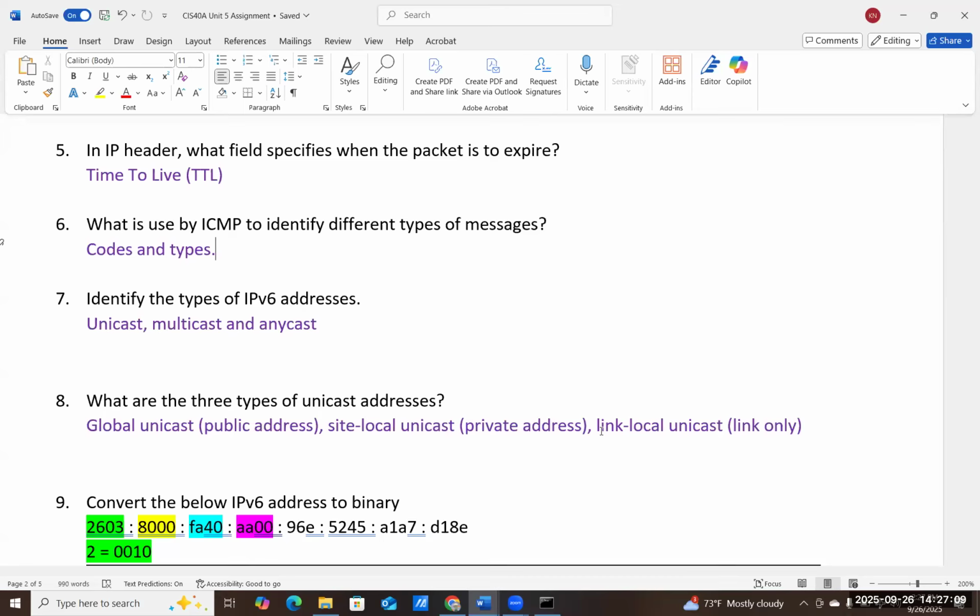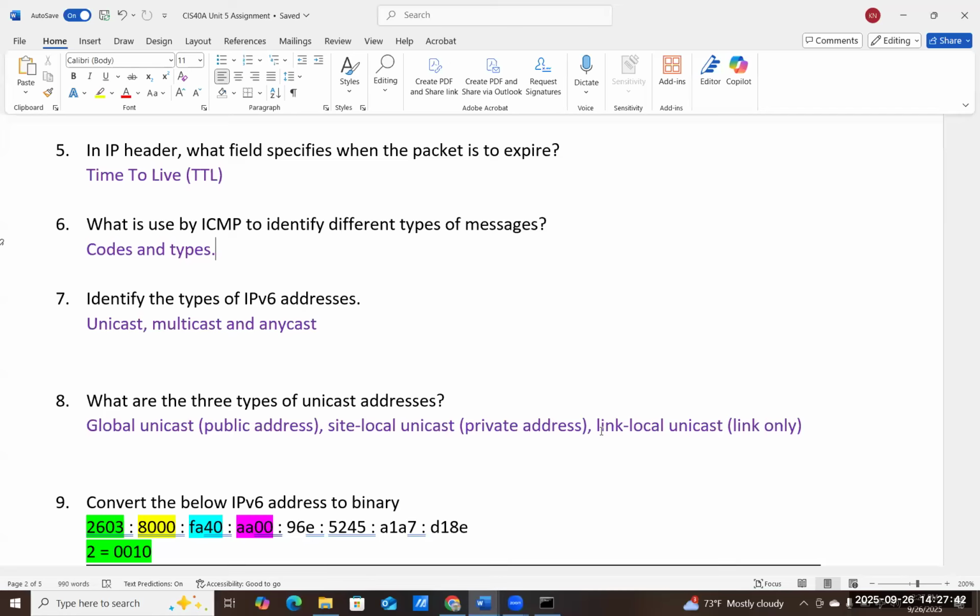So there are three types of unicast, right? One-to-one. You have a global unicast. This is going to be your public address, like a public IP address for IPv6. And when you look at the IPv6, if it says site local unicast, that is a private address that's used within the LAN. And then there's the link local unicast, which is very common here.